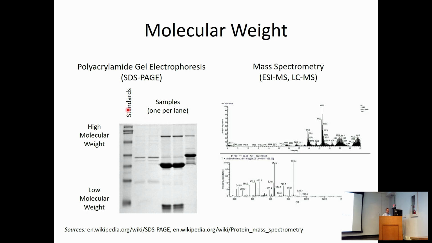And if you have some standards here, you can use this as a means of estimating the molecular mass of your protein. If this standard is 5 kilodaltons, for example, then that would tell you that whatever these bands are here, they're going to be about 5 kilodaltons as well. And if you know the sequence of your protein and you can calculate the molecular weight, that'll let you make better sense of data like this.